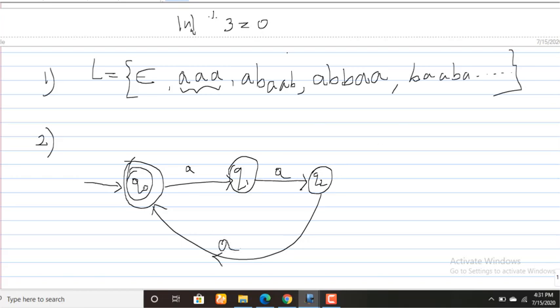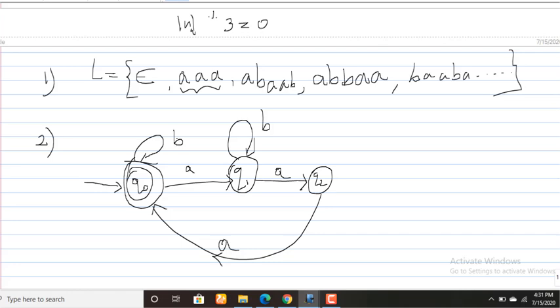Next, ABAAB. From Q0 on receiving A it goes to Q1. What about B? It retains the same state. On receiving one more A it goes to Q2. On receiving another A it goes to Q0. On receiving B it stays in Q0. Your string is accepted.